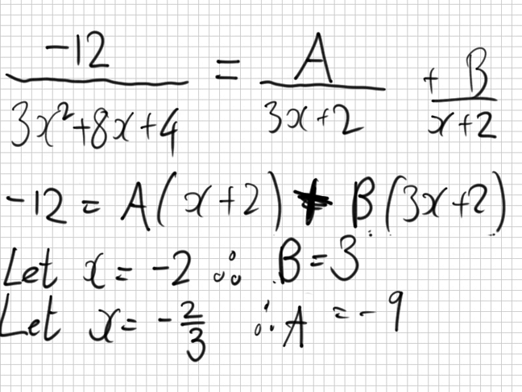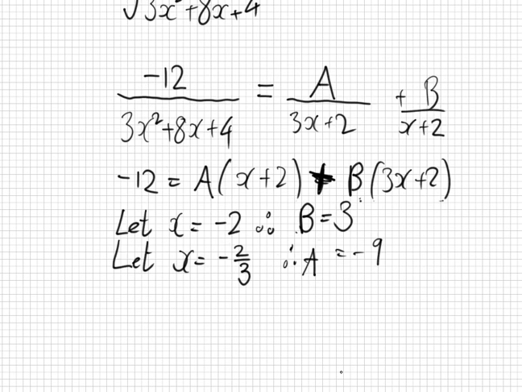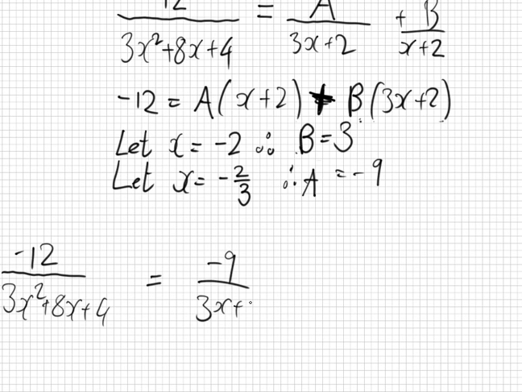Alright, now that we got our A and our B, we can go back to the question. And we get minus 12 over 3x squared plus 8x plus 4 equals A over 3x plus 2 plus B over x plus 2.